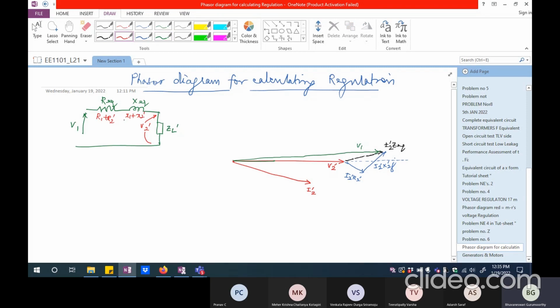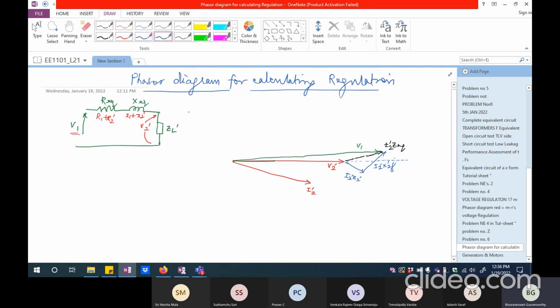X1 being the leakage reactance of the primary winding, X2 dash is the leakage reactance of the secondary winding as seen from the primary side. Similarly, R1 is the resistance of the primary winding, R2 dash is the resistance of the secondary winding as visualized from the primary side. And this V1 is the voltage that is being applied here, and V2 dash is the voltage which is appearing across the load. This is the output voltage.